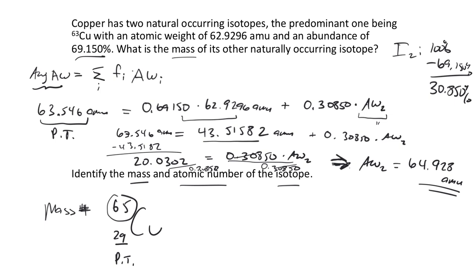So with these math problems, we usually like to keep it to elements that exist as 2 natural occurring isotopes. Sometimes we could give you an example where an element has, let's say, 4 different natural occurring isotopes. Well, if we give you each of those isotopic masses and each of their abundances, you can simply do the summation math pretty easily to work out the average atomic weight.